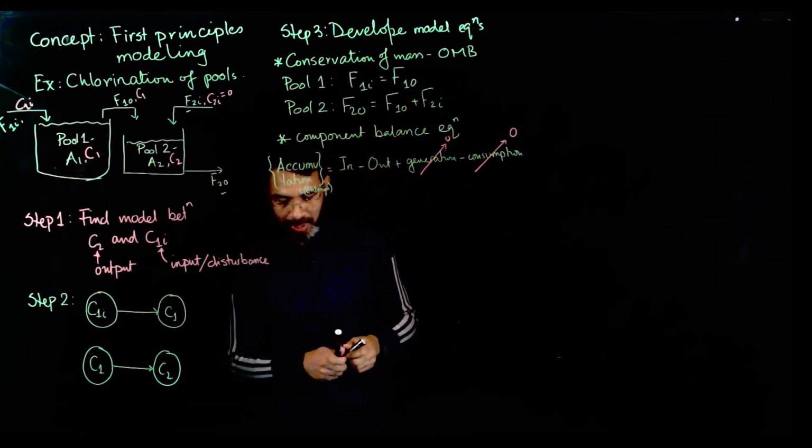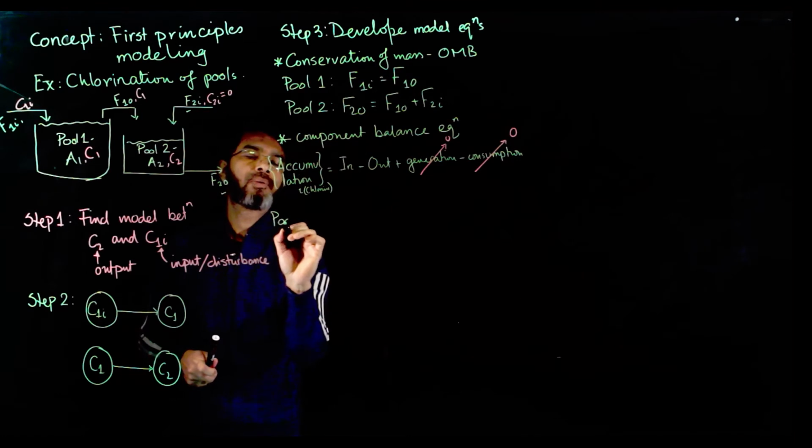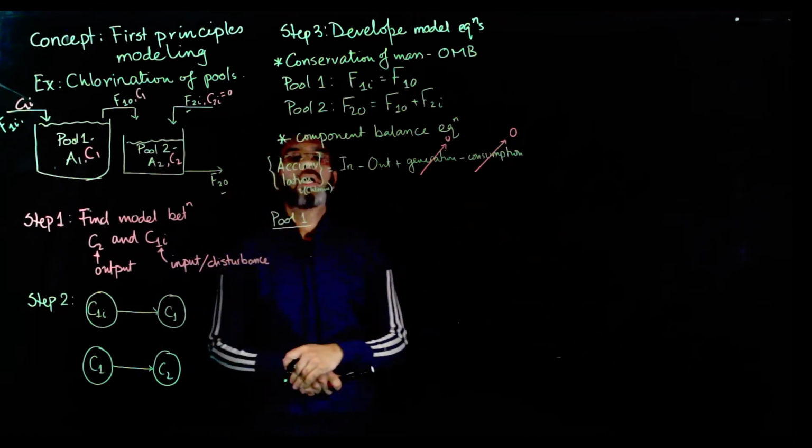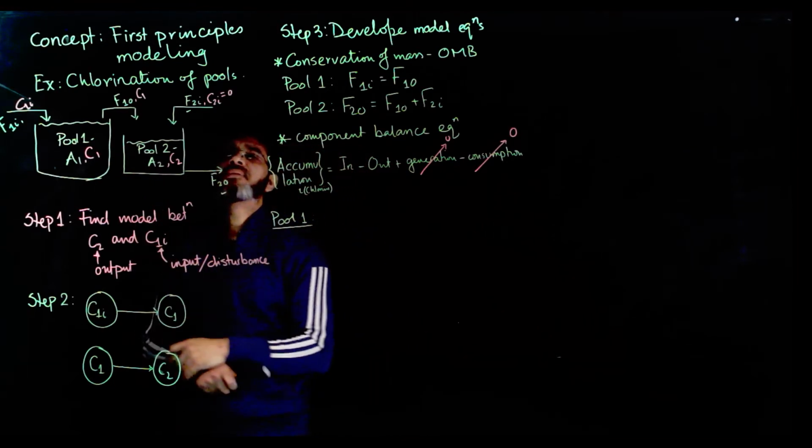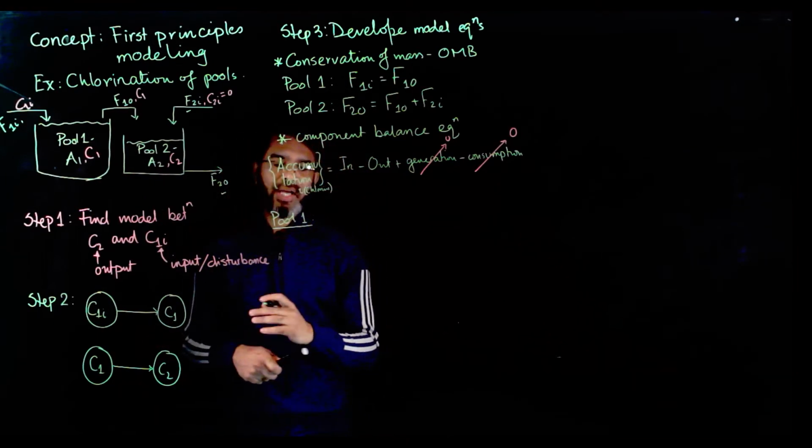So let's write it for the pool 1 part then. So for pool 1, rate of accumulation of chlorine will be, so suppose this C is expressed in terms of mass fraction.